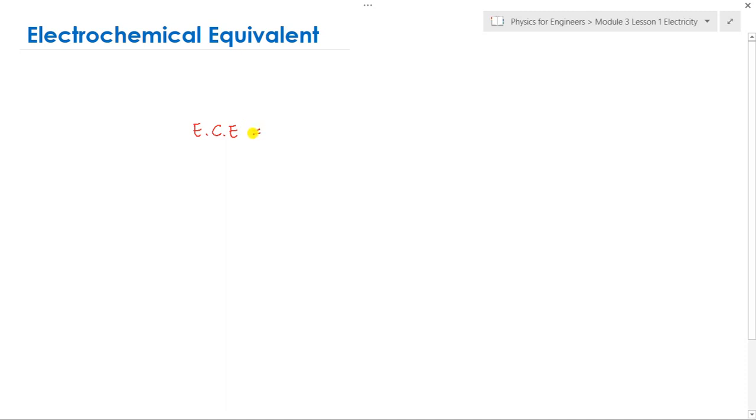Electrochemical equivalent is equal to the mass of our element, the current, multiplied by the time.